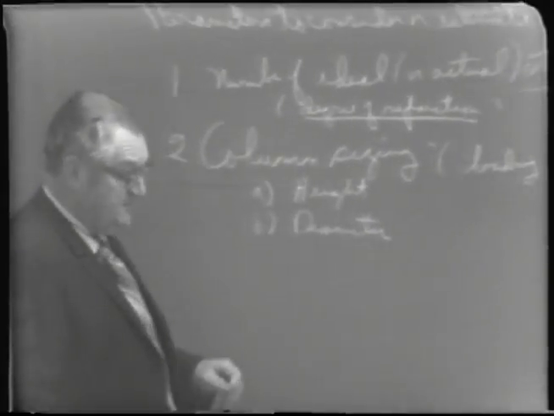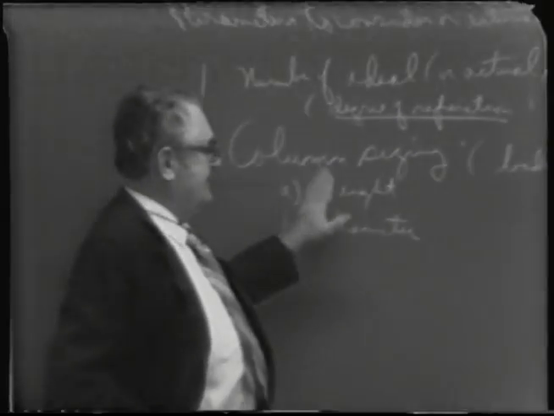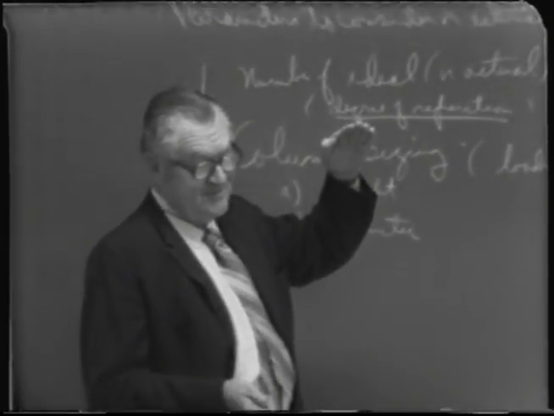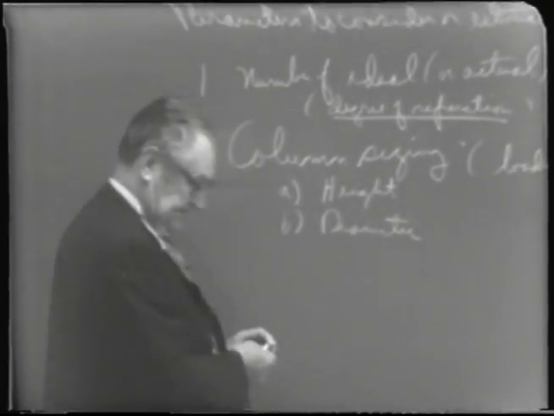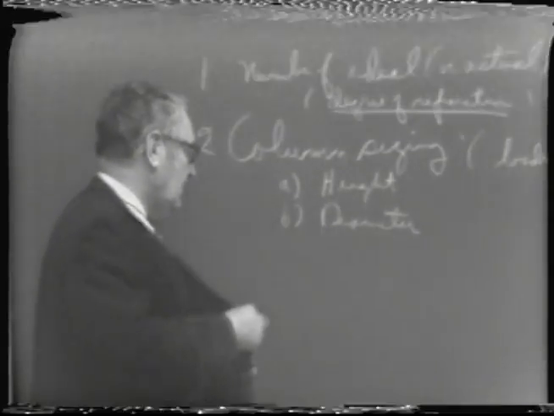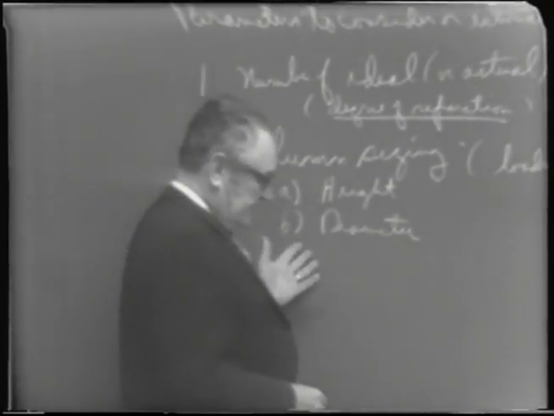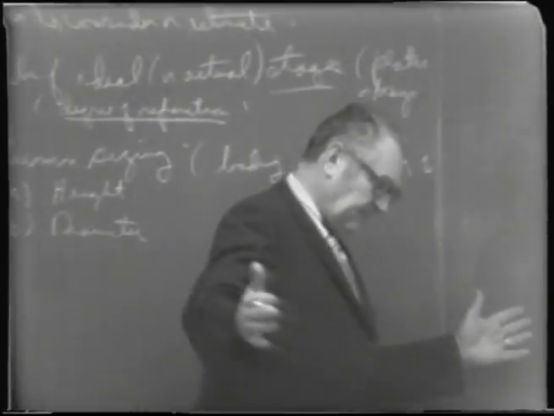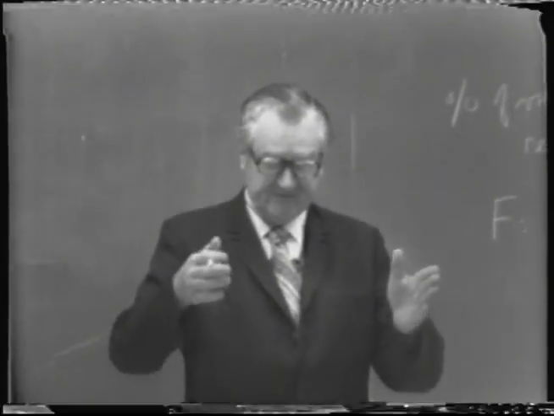Of course, the height here is directly related to the number of trays that you get, first, and whatever spacing between the trays is decided upon, which is another consideration to be looked into. And the diameter, of course, is directly related to the throughput for a given vapor velocity.